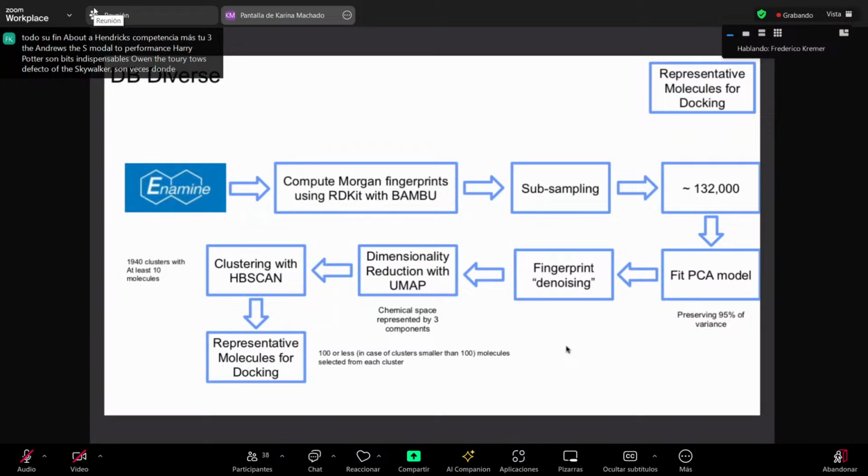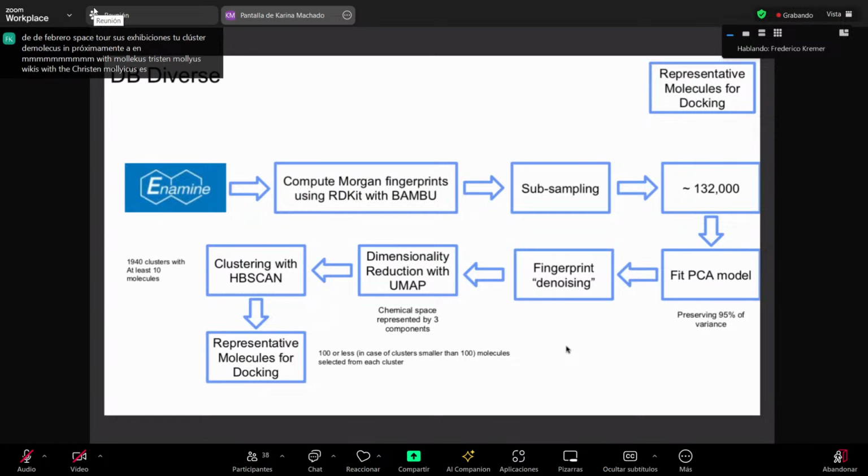So based on these denoised fingerprints, we then performed dimensionality reduction using UMAP, and it reduced the feature space to just 3 components. And then we used a hierarchical density-based clustering algorithm, which is HDBSCAN, to cluster the molecules in approximately 1,140 clusters, with at least 10 molecules.